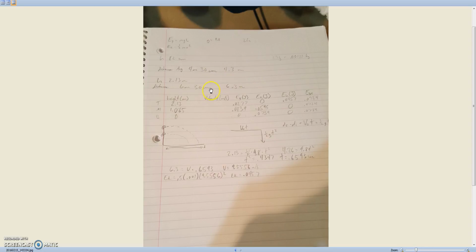And then we had to go back out and make it shoot farther. So we kind of a little more than doubled the height, and shot it again a couple times, and this time we reached 6 meters 30 centimeters, which is 6.3, which is exactly 2 meters over the first one.